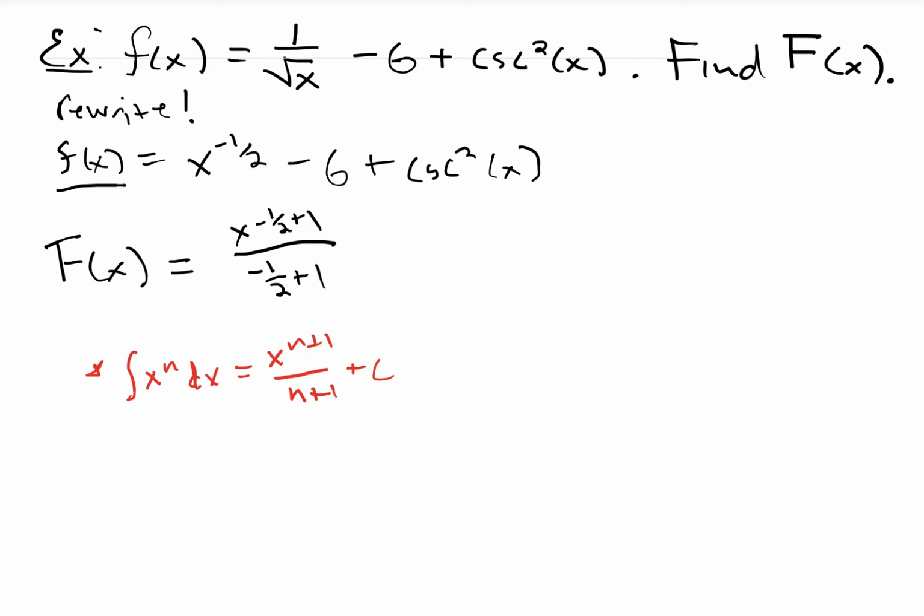For my next term, I need to antiderive this 6 here. Well, what do you derive to get a 6? Well, you probably needed to start with an x attached to it. That was 2 slides back. And then for this term that's on the end, if I'm worried about anti-deriving this cosecant squared term, I have to think about what do I derive to get cosecant squared?